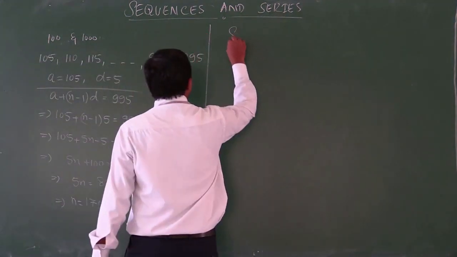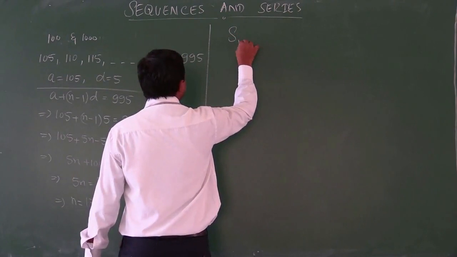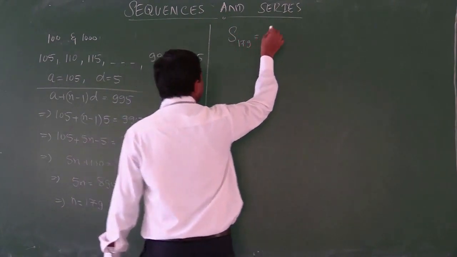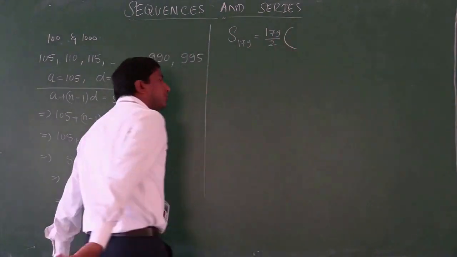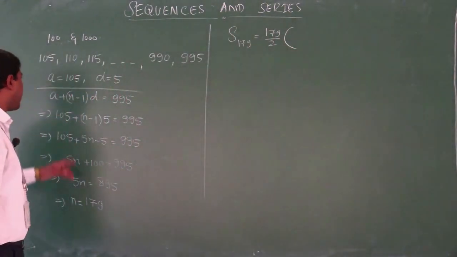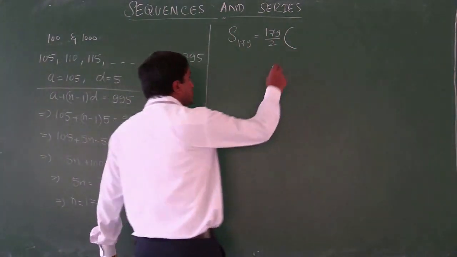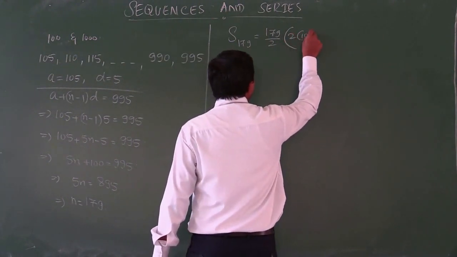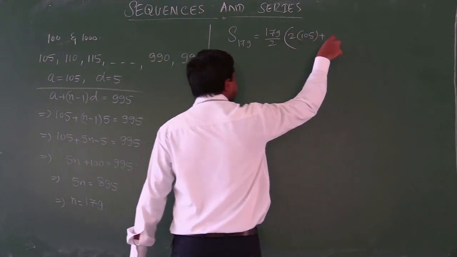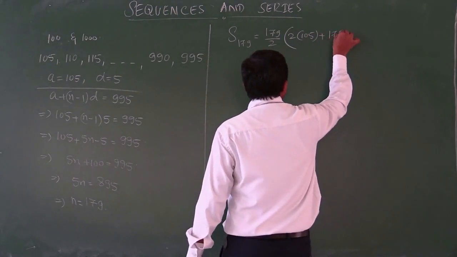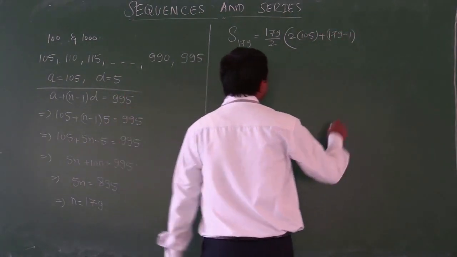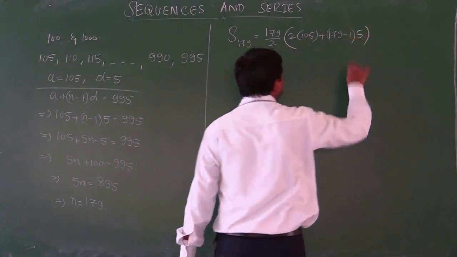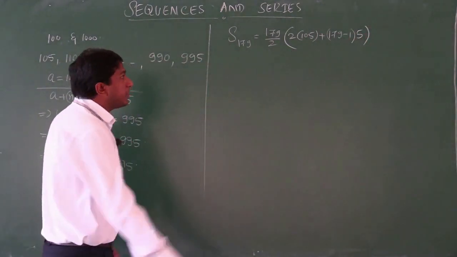So S179 equals n by 2, 179 by 2, into 2a, 2 into a is 2 into 105, plus n minus 1, 179 minus 1, into d. The d value is 5. We'll simplify this.